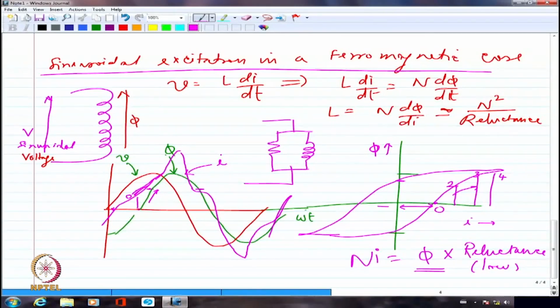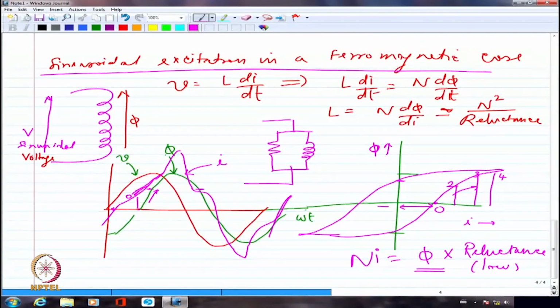Whereas both of them essentially depend upon the amount of flux established. Hysteresis loss clearly depends upon the BH loop, so what is the maximum flux density or flux that has been established? The same way, the inductance shows the amount of flux established. So both of them depend heavily upon the flux established, and the flux established is directly related to the amount of voltage.